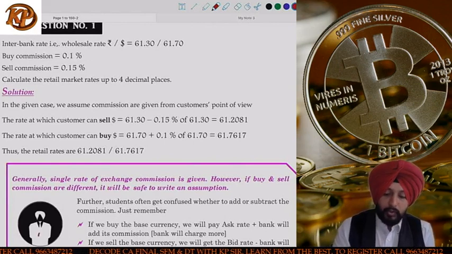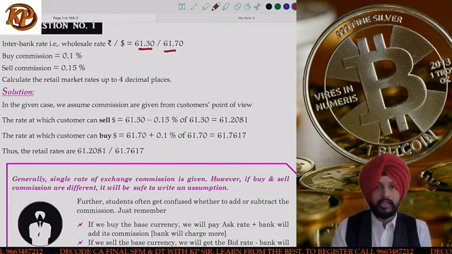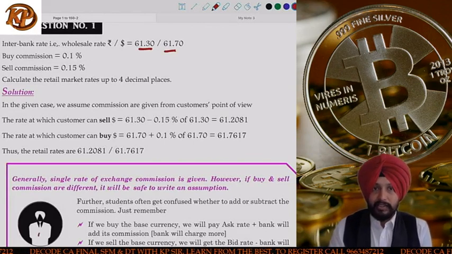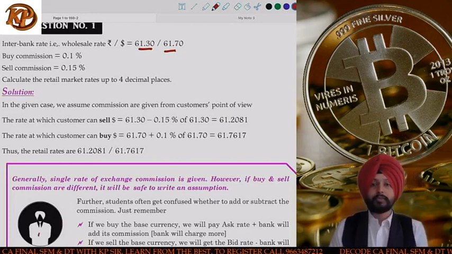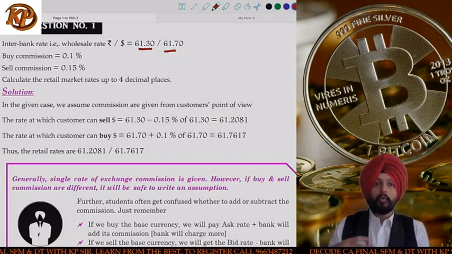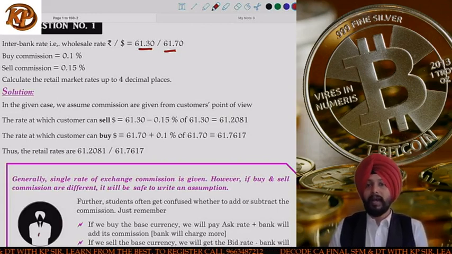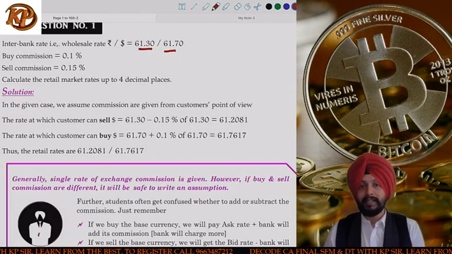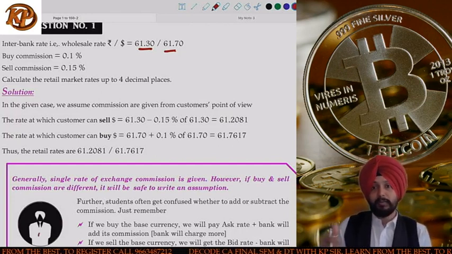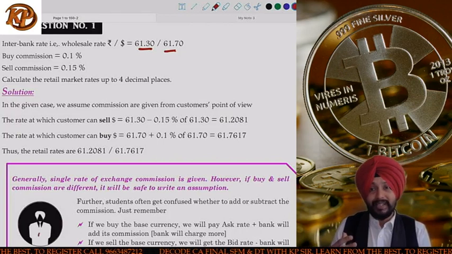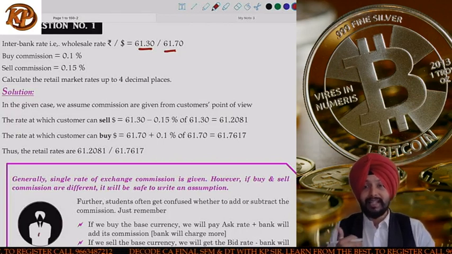Interbank rates, that is wholesale rate, is 61.30 and 61.70. Buy commission is 0.1%, sell commission is 0.15%. Now we are not sure whether the buy commission or sell commission is given from the bank's perspective or the customer's perspective, because when a customer buys a currency, the bank sells the currency.